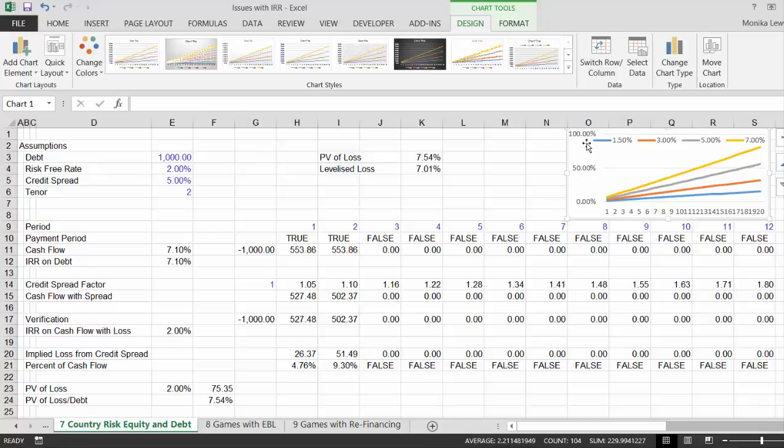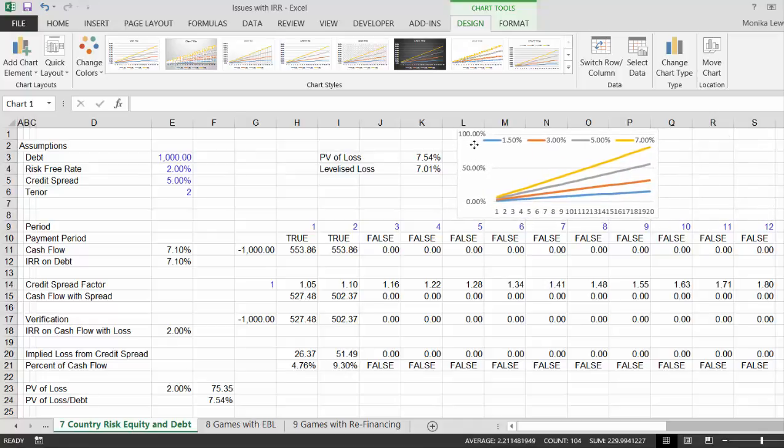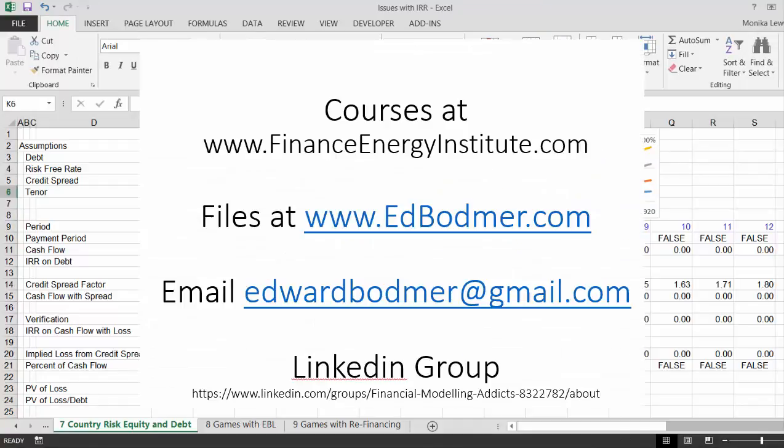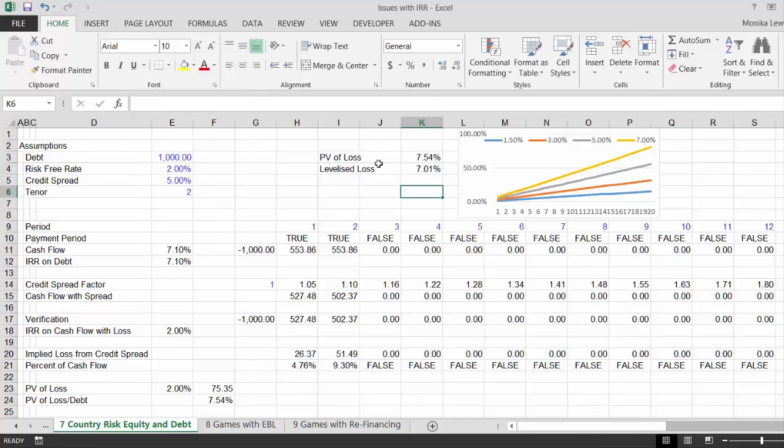Okay, so there's our problem. Look at that. We get to almost 100% assumption that you're going to lose. Basically, if you get a credit spread of 107%, see how we can interpret that.